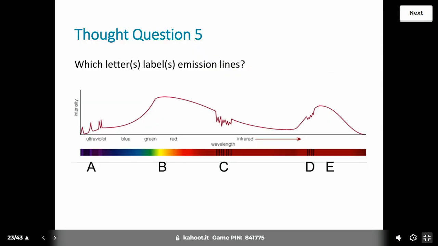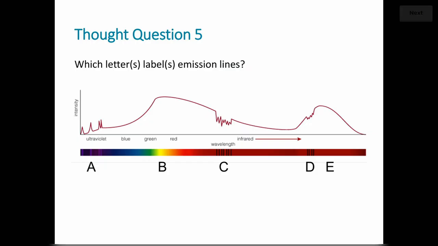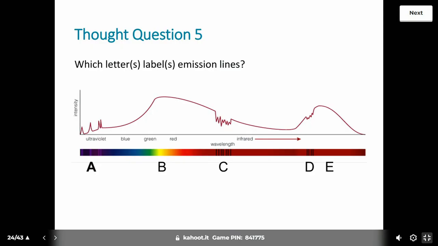So which labels are for emission lines? So it'll be A. So A is above the continuous spectrum, but C and D are below. So just A for the emission.